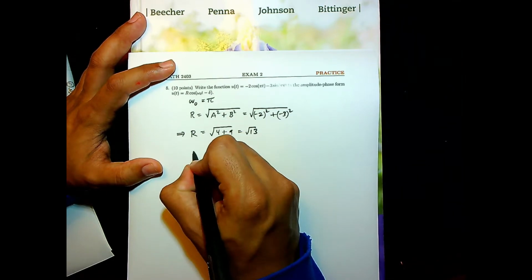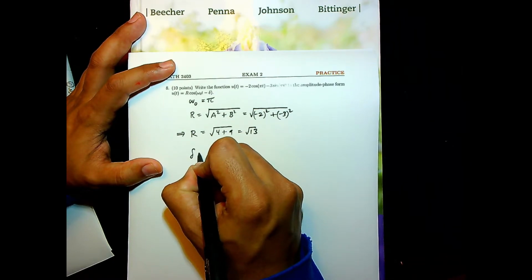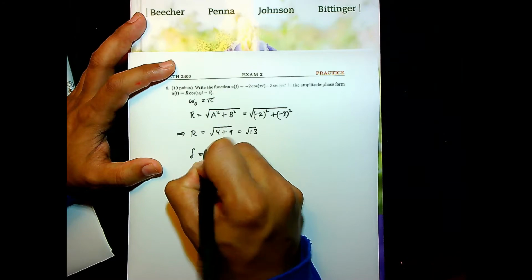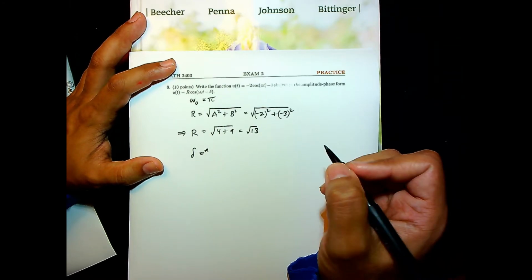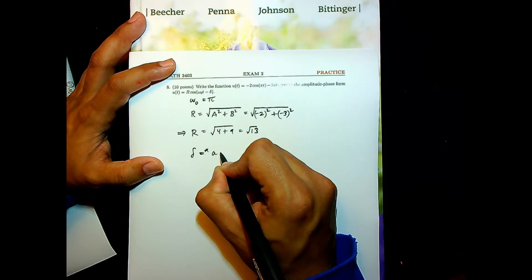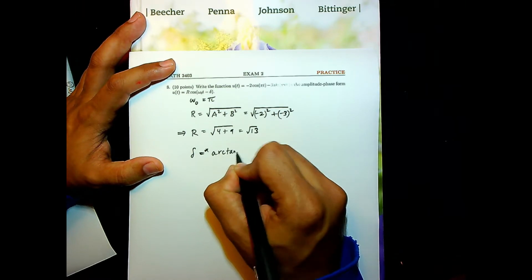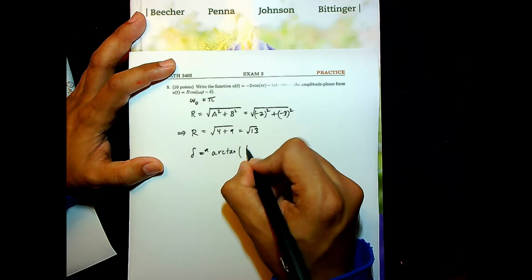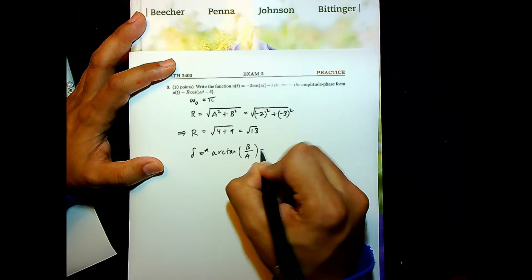So the delta, we have the formula for that as well, equals, with an asterisk, right, because we have to double check whether the angle is correct. The formula is going to be equal to arctangent of b over a.